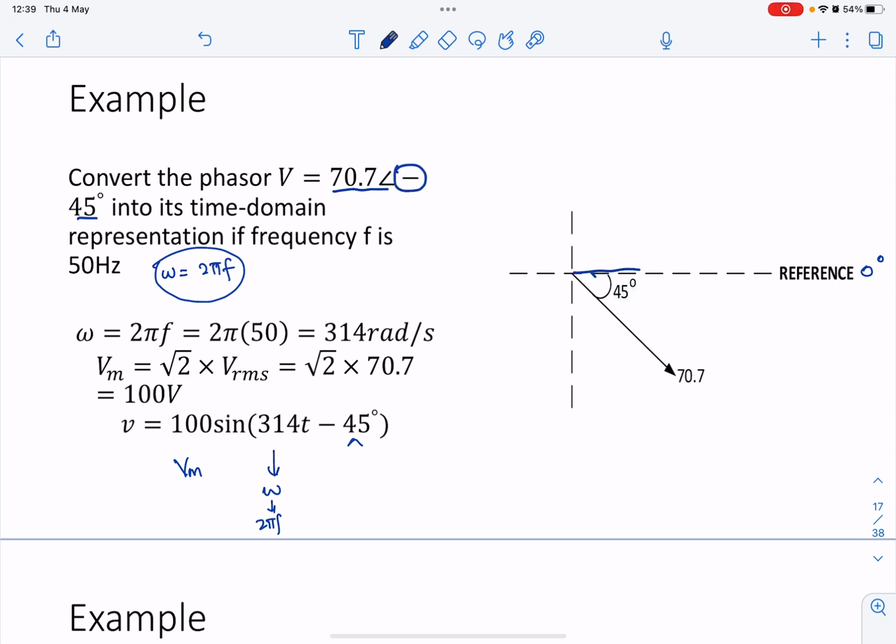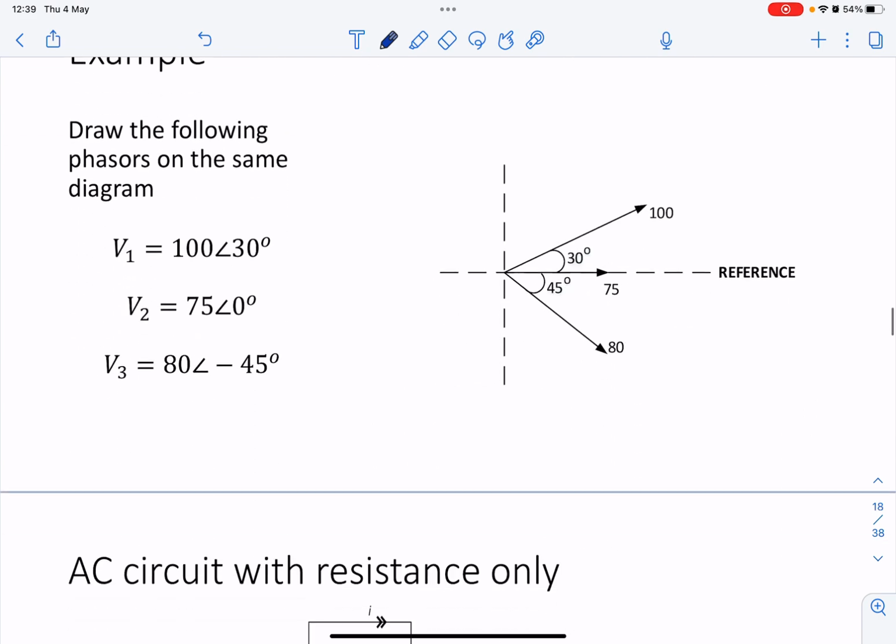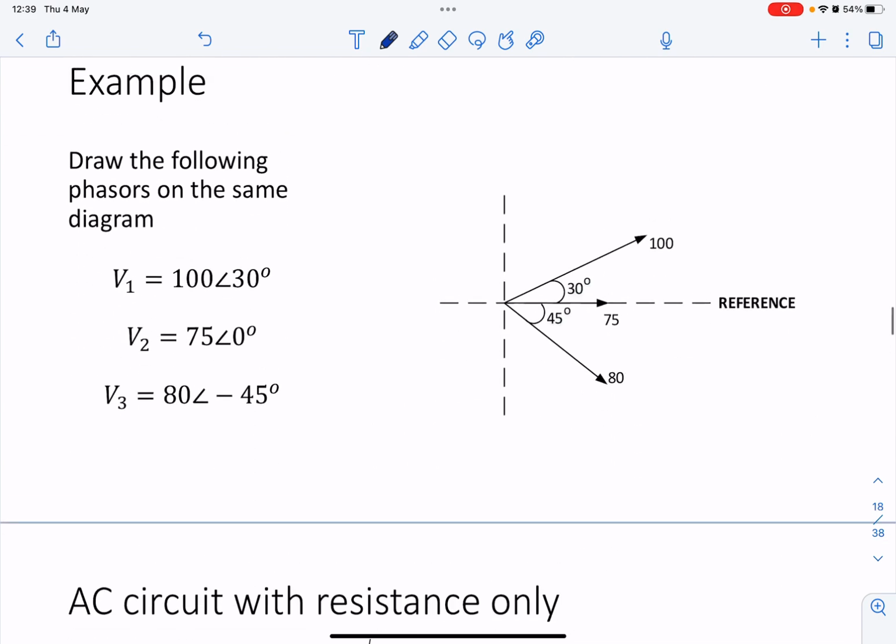Since your reference point di sini is kosong, the angle is negative. Kalau ia negatif, ia will ke bawah. So ke bawah, and kamu draw ia punya magnitude arrow which is 70.7. So you can look at more examples here.